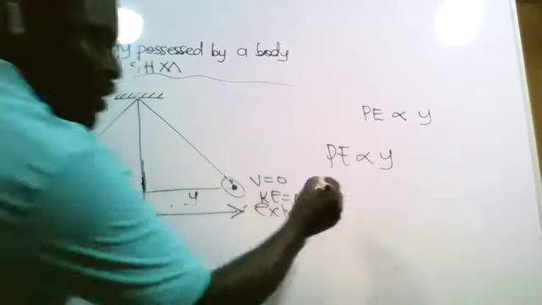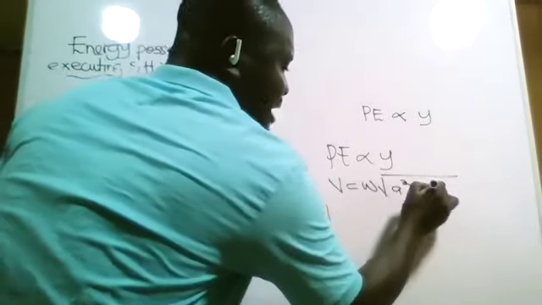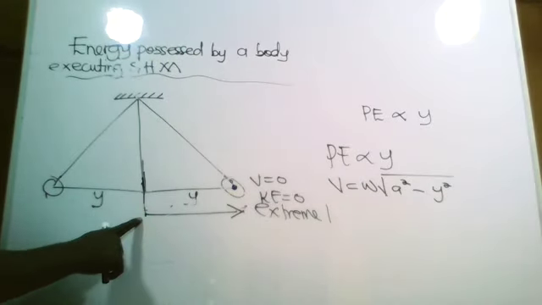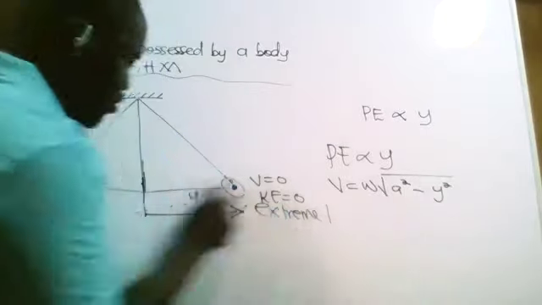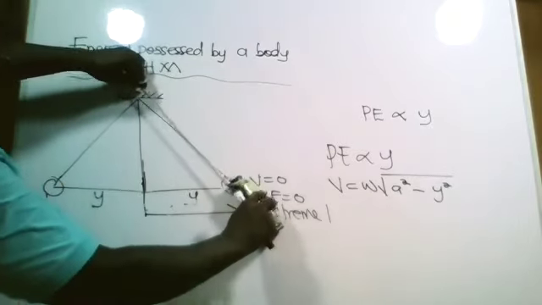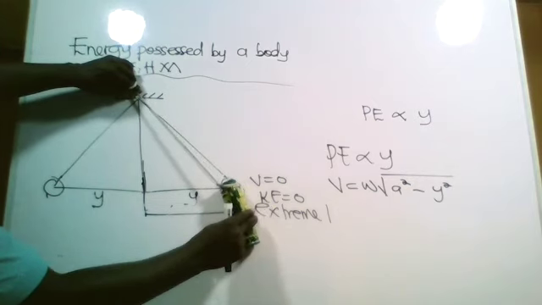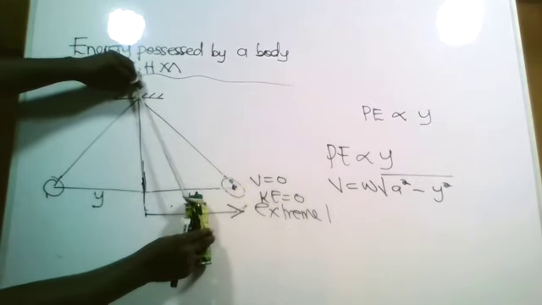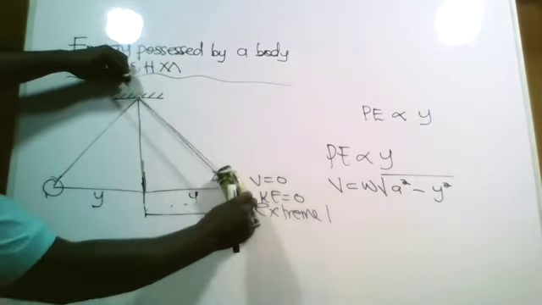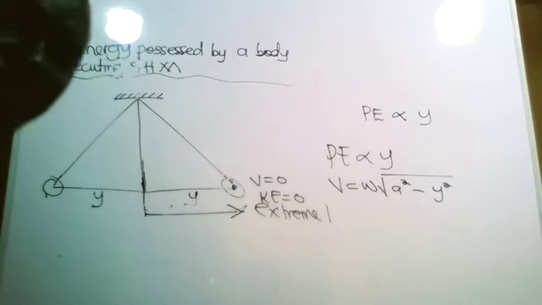Don't forget, the velocity is given by omega times the square root of a squared minus y squared. So when y is 0, at the mean point, we have the maximum velocity. If y is gradually drawing to 0, that is when we'll be experiencing maximum velocity, and potential energy would also be decreasing.